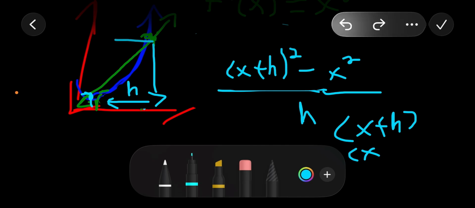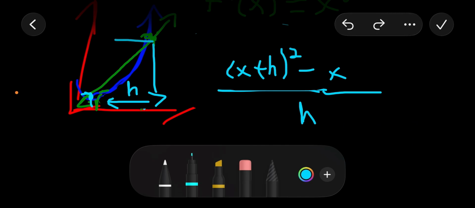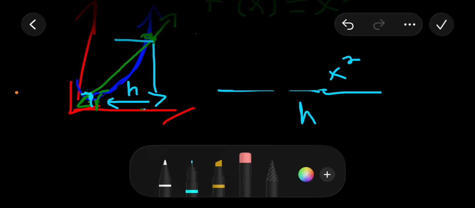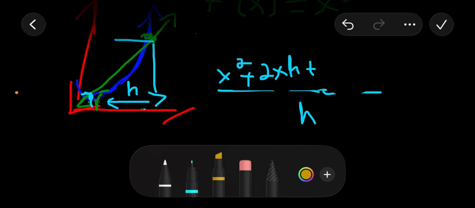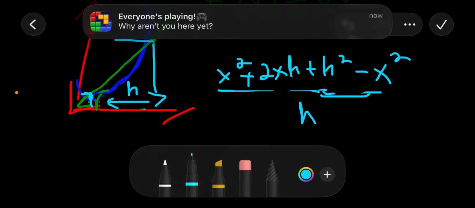So instead, we have, I'm going to rewrite it on there. We have x squared plus 2xh plus h squared minus x squared.